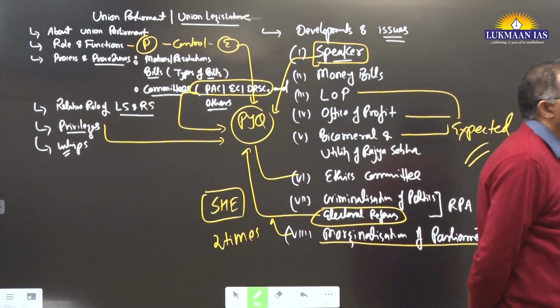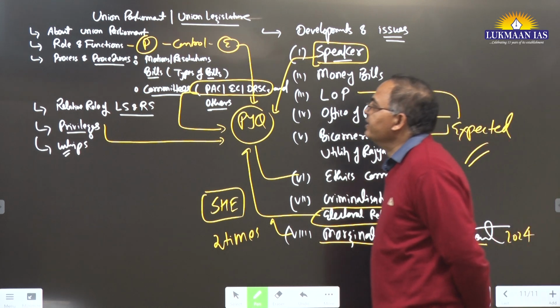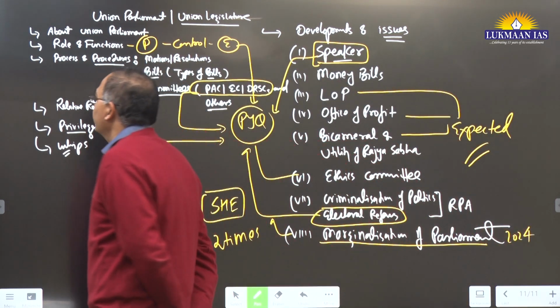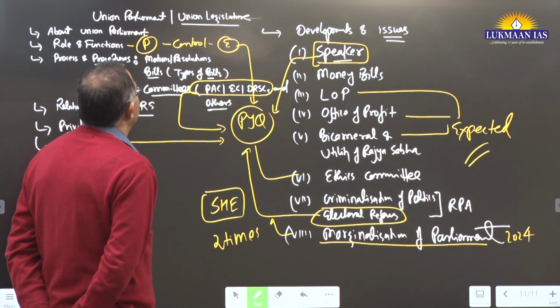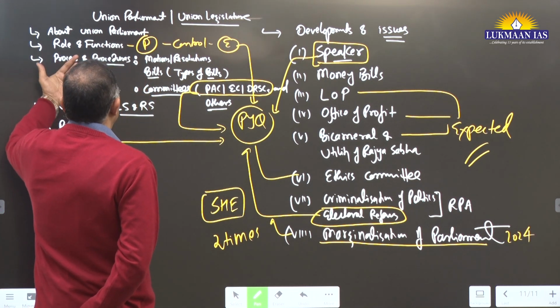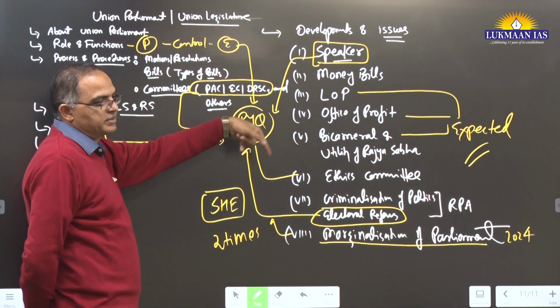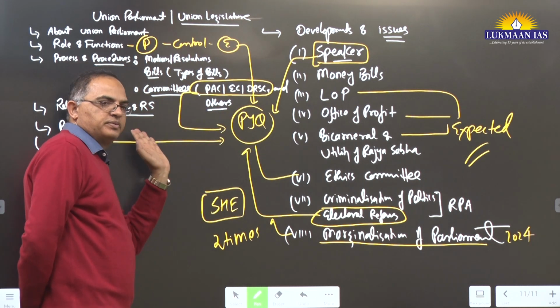So you read Lakshmikant, and by reading Lakshmikant you understand some basics. Tomorrow we'll take Union Parliament role, functions, process, procedures, basics, committees, and so on, and then largely we go issue-wise. When we cover issue-wise, we cover those basics also.